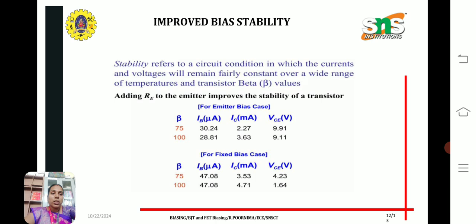Here the beta values are given, and also the corresponding base current IB, collector current and VCE voltages. In the second condition for the fixed bias circuit, with beta values 75 and 100, the current values are tabulated. We can check these two conditions for emitter bias and fixed bias, and fairly constant values are obtained in the emitter bias.